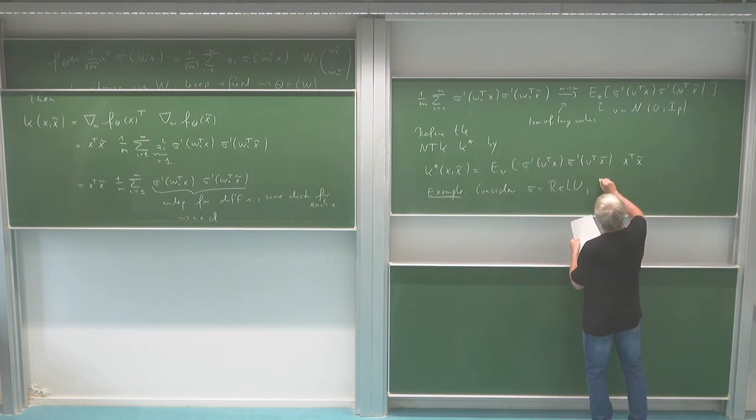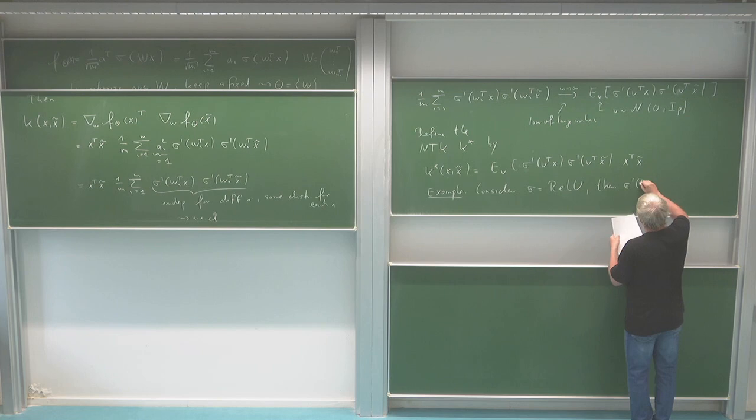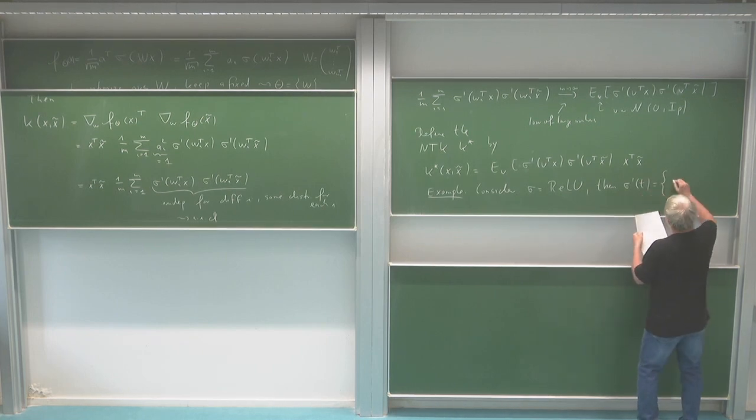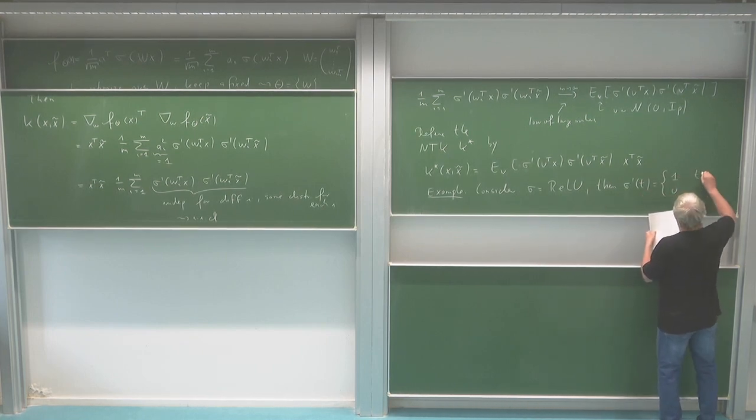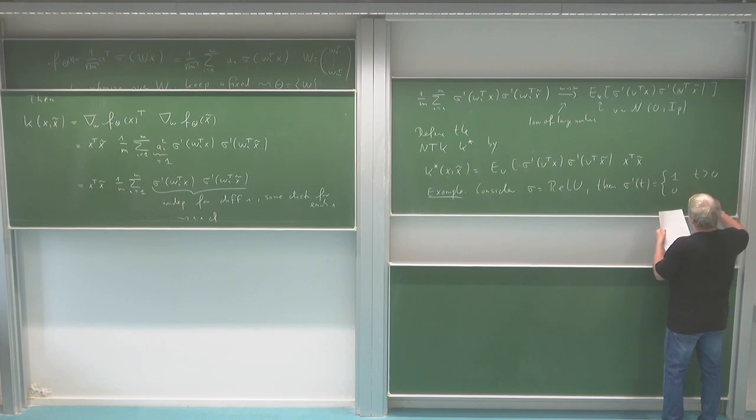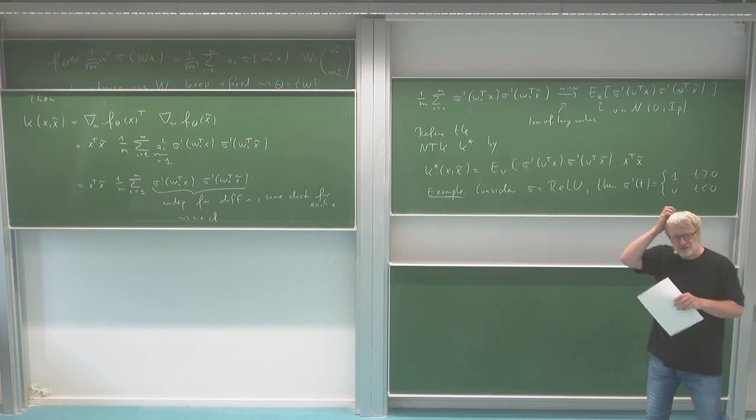So then the derivative of ReLU at a point t is either 1 or 0, depending on t bigger than 0 or t less than 0, and maybe we don't talk about what happens at 0.